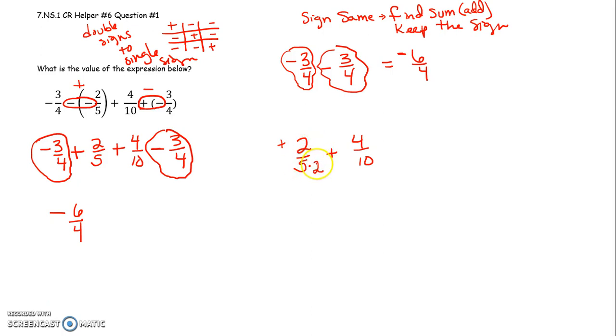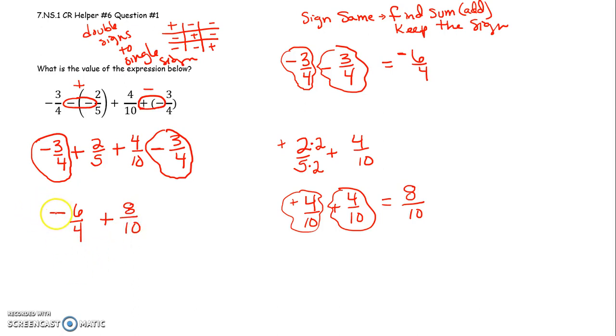Therefore, if I'm multiplying my denominator by 2, I have to multiply my numerator by 2. 2 times 2 is 4. So this is 4/10 plus 4/10. Signs are the same. They're both positive. I'll find the sum. I'll keep the sign. 4 and 4 is 8. So this is 8/10. So this is -6/4 plus 8/10.